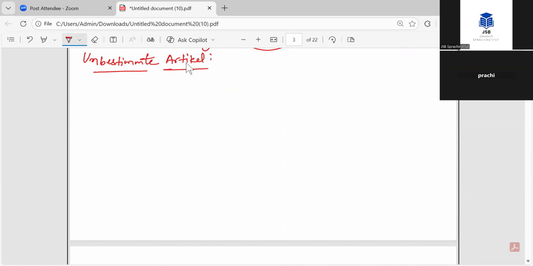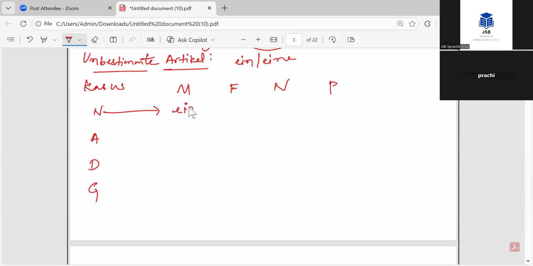Unbestimmt article. Eine, right? Eine. Okay. So here we can see how the Kasus changes: nominative, accusative, dative, and genitive. Here masculine, feminine, neuter, plural. For nominative, same as we read: eine, ein.